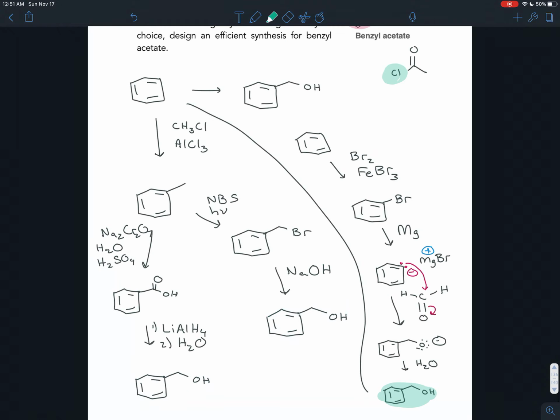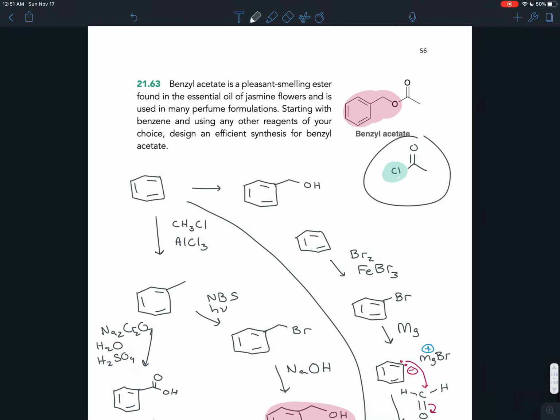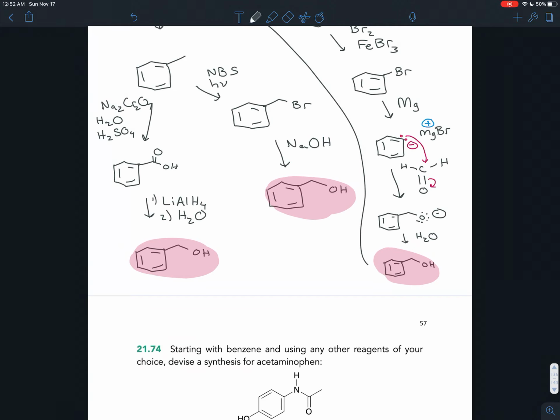Once we have that alcohol, we can use it as the nucleophile to replace the chlorine in this ethanoyl chloride. So we have that, whichever one of those you use.